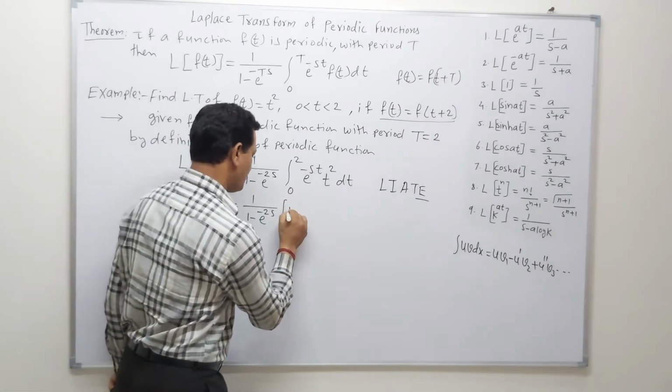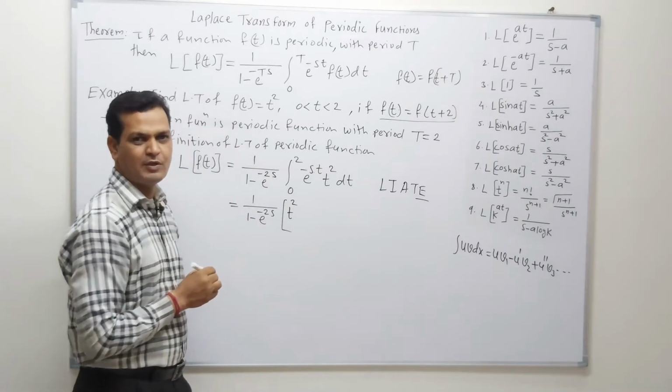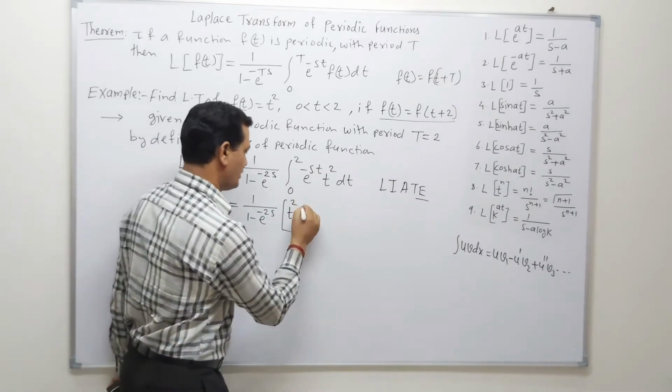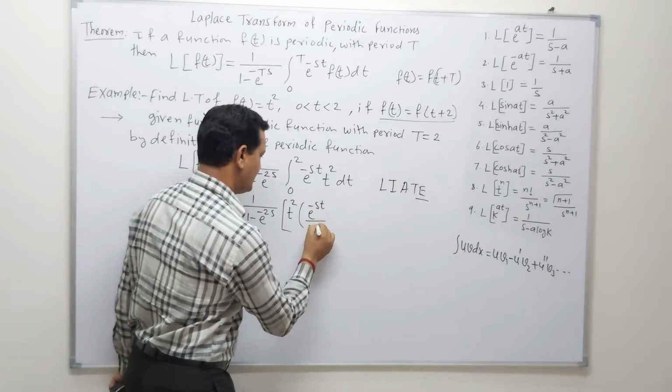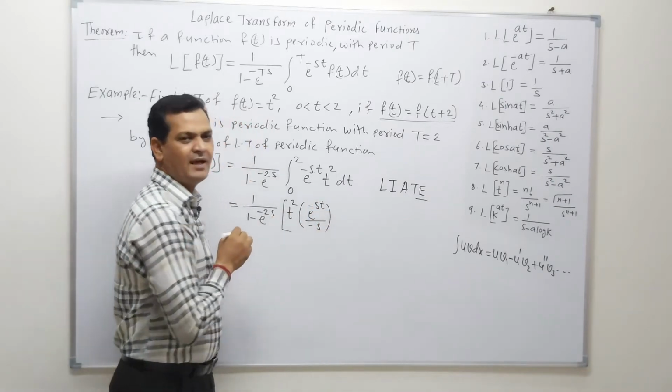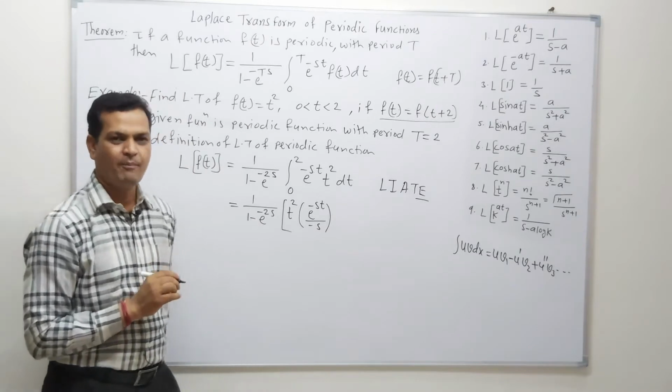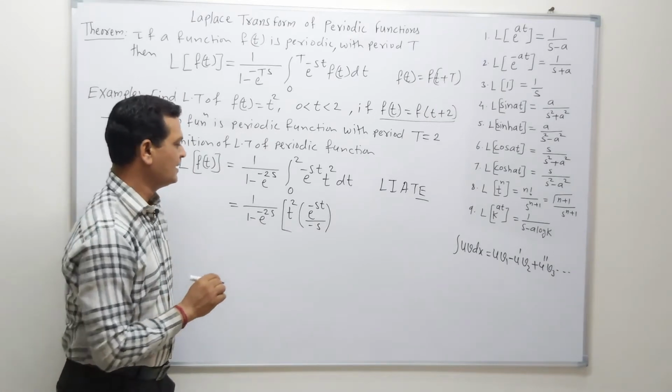The first term is t square, that is u, into the integration of e raised to minus st, which is e raised to minus st upon minus s, since the derivative of minus st with respect to t is minus s.